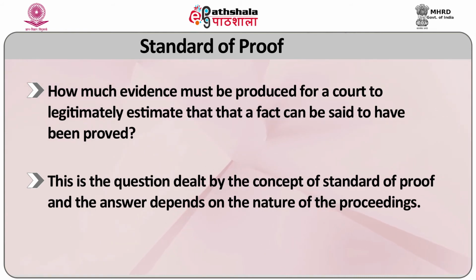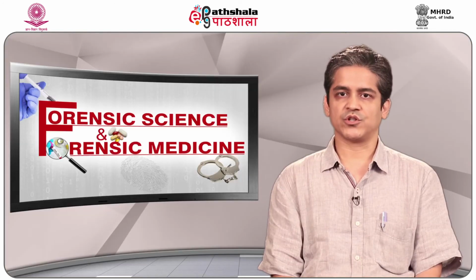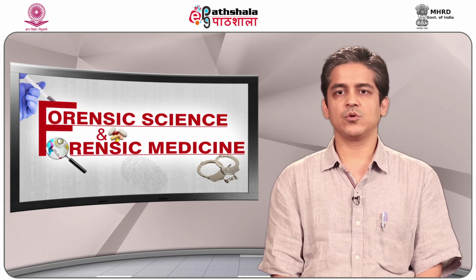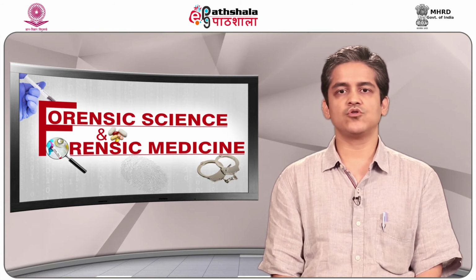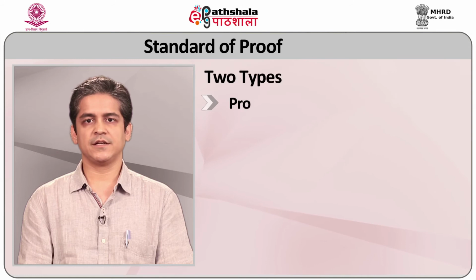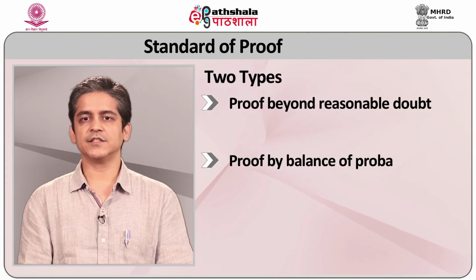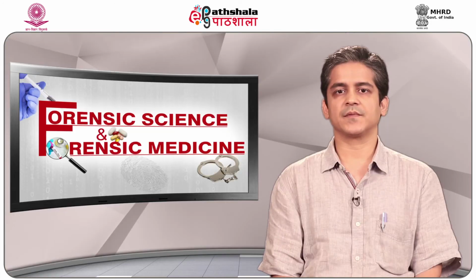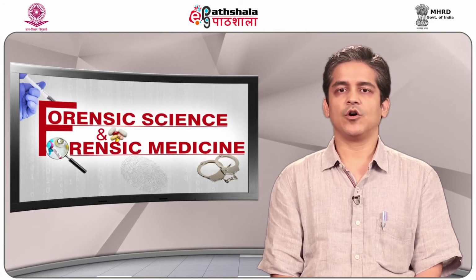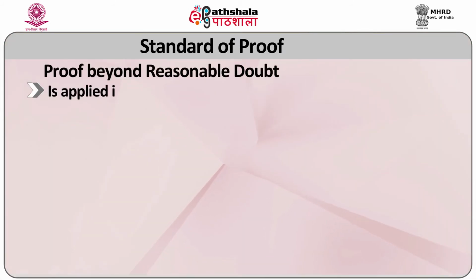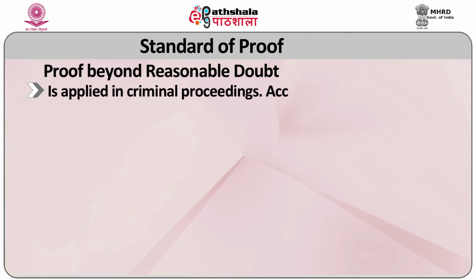nature of the proceedings. Traditionally, there have been two standards of proof to choose from. Firstly, proof beyond reasonable doubt, and secondly, proof by balance of probabilities. The standard of proof beyond reasonable doubt is applied in criminal proceedings.